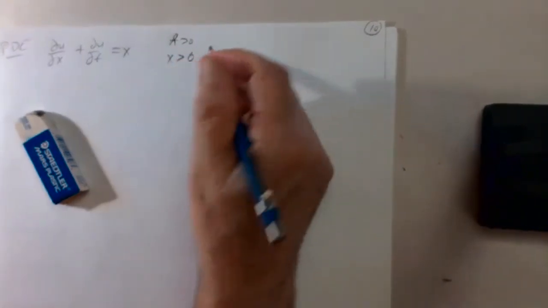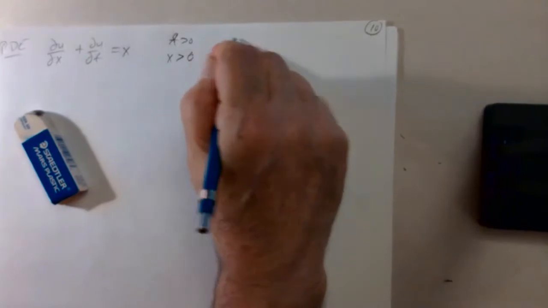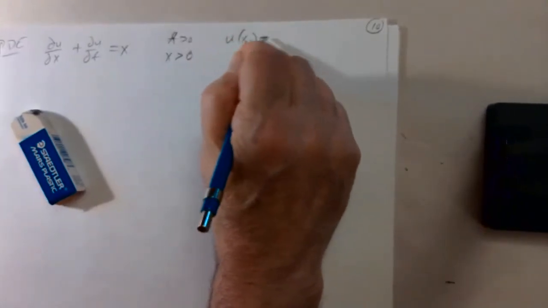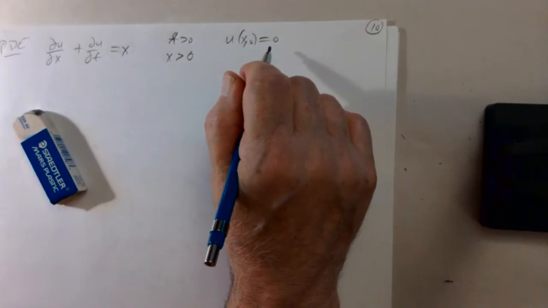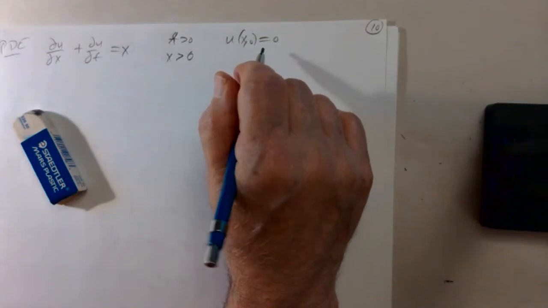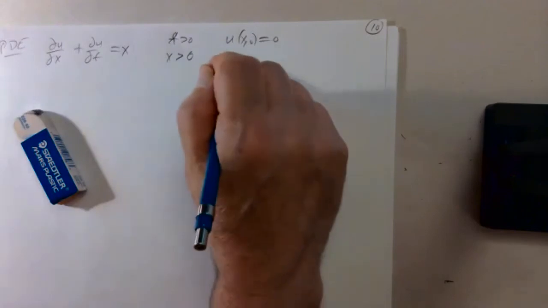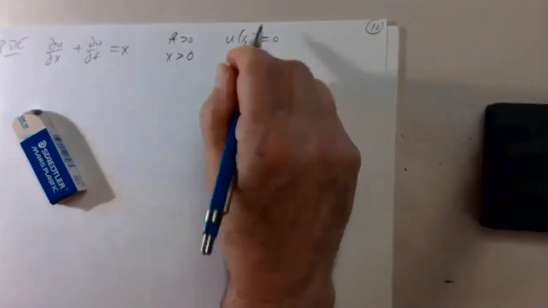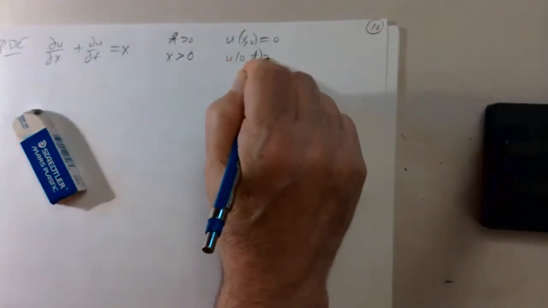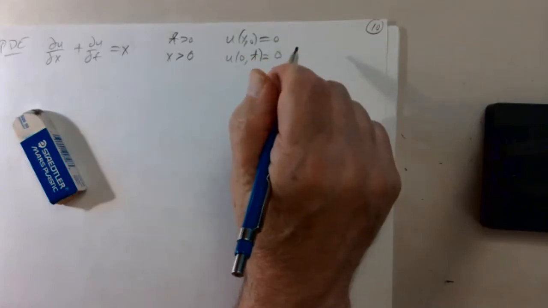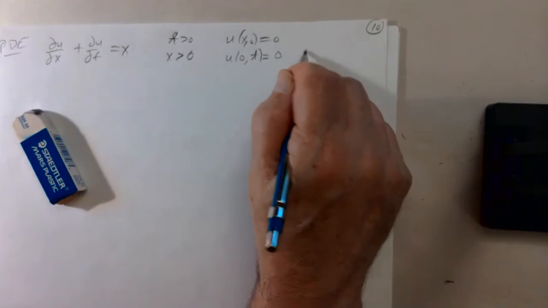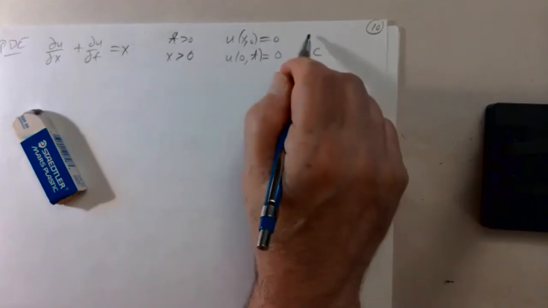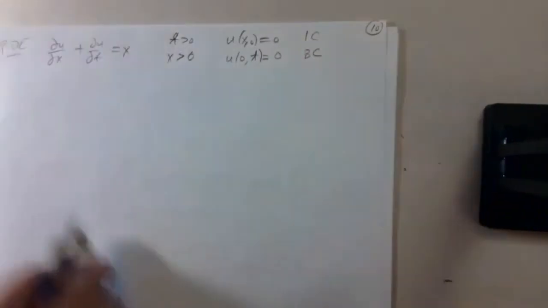For t equals 0, the initial condition is, let's say, u of x, 0 is identically 0 for all x. And the boundary condition, where the boundary is at x equals 0: u of 0, t is also equal to 0 for all t. Okay? So this is a boundary condition, and this is an initial condition.